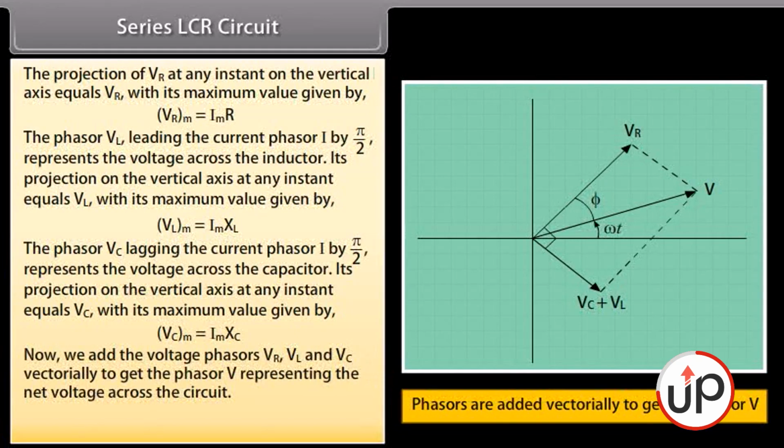Now, we add the voltage phasors VR, VL and VC vectorially to get the phasor V representing the net voltage across the circuit. Vm is equal to under root of VR maximum square plus (VC maximum minus VL maximum) square.